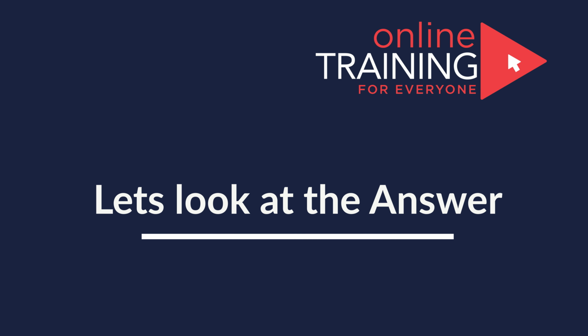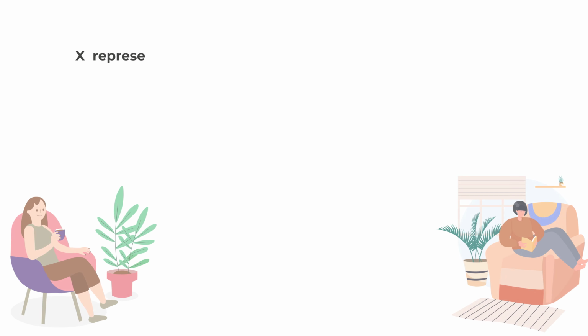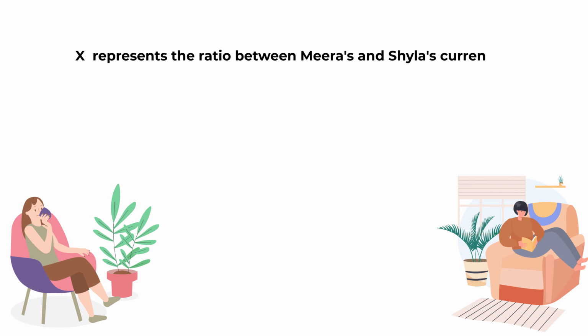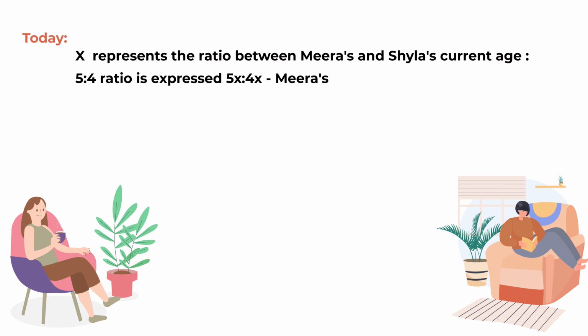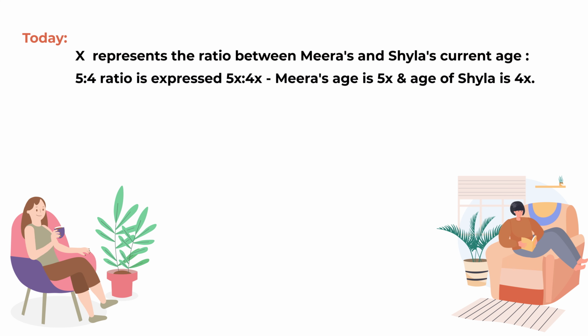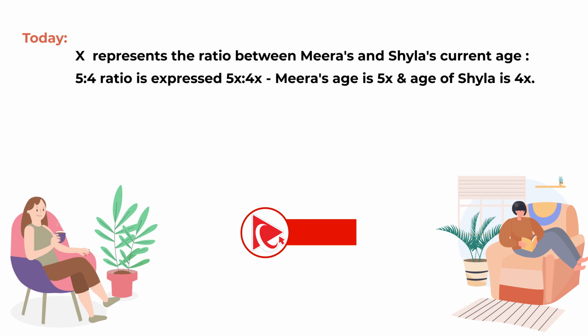To solve it, we need to define a variable x, which would be a ratio between Mira's and Shyla's current age. If that's the case, then the current age of Mira will be 5x, and the current age of Shyla will be 4x, which means that we can build an equation and calculate their ratio of ages after 3 years.